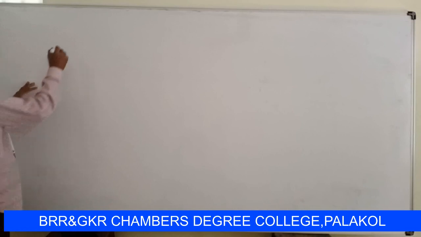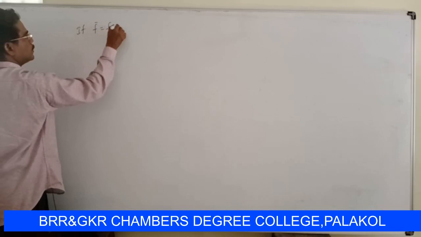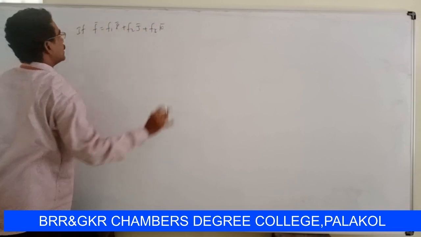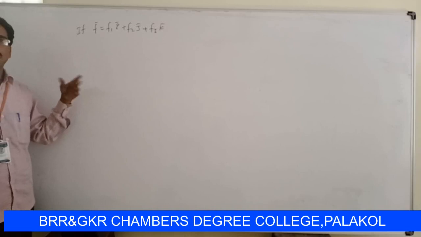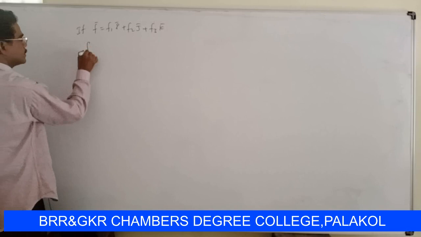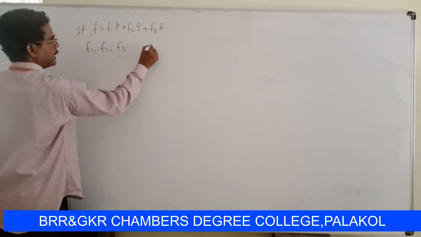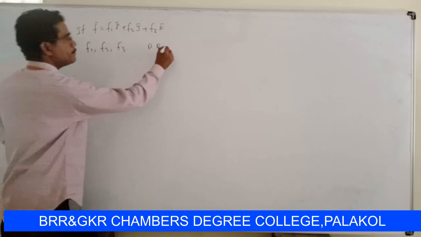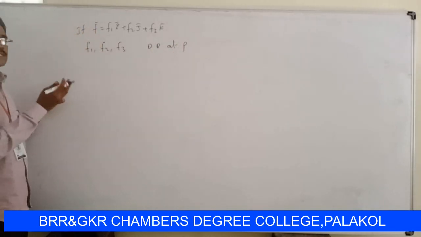Now coming to the next point. Suppose f bar equals f1 i plus f2 j plus f3 k, and f1, f2, f3 have directional derivatives at the point P in the direction of e bar.